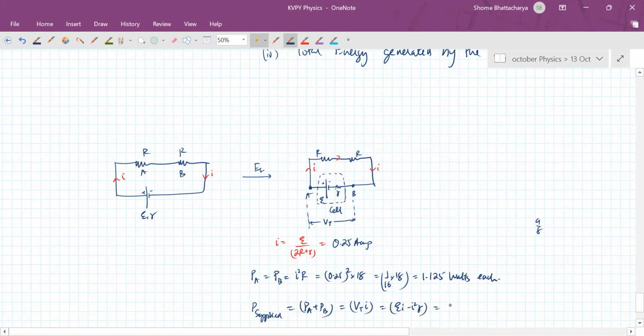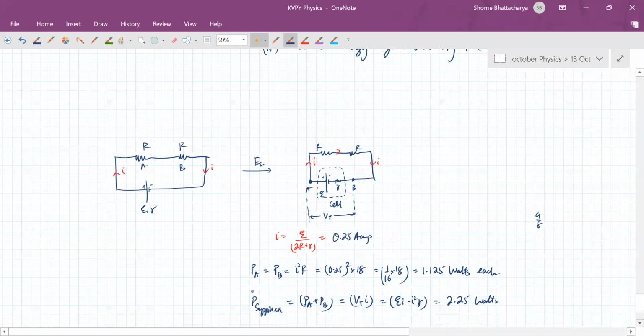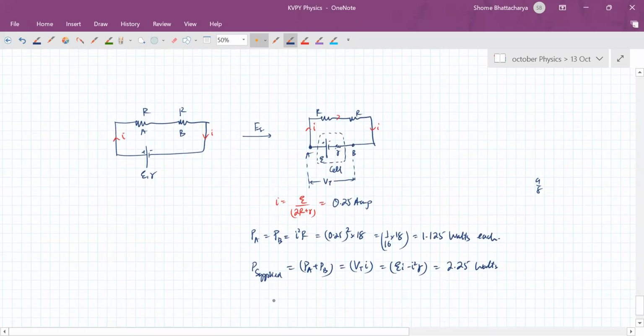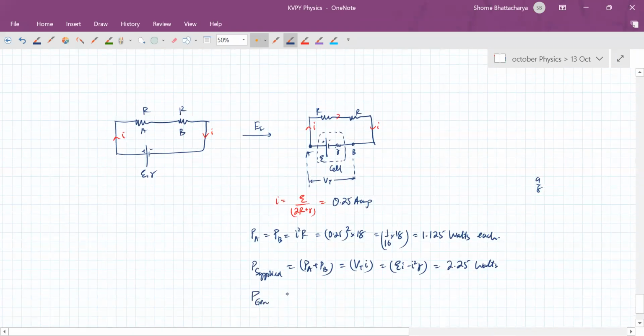So whichever way we calculate, you can see that this is going to be 2.25 watts. But the important thing is that the power generated by the source through the internal process, that is E into I, so that is going to be 10 volts into the current. The current is how much? 0.25. So you can see that is more.